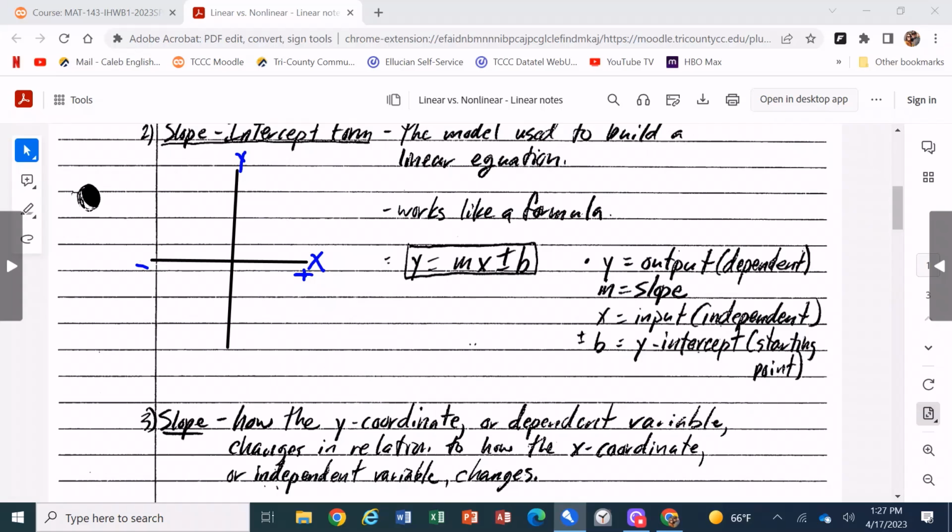If you move to the right, it's considered a positive movement. If you move to the left, it's considered a negative movement. Y, the top is positive, and the bottom is negative. So with y, if you move up, it's positive, and if you move down, it's negative.